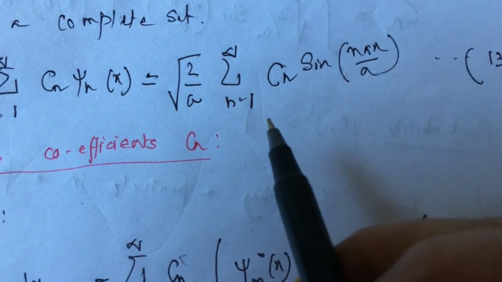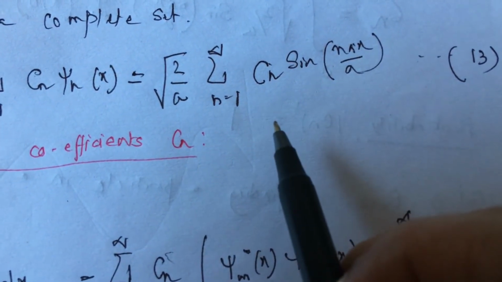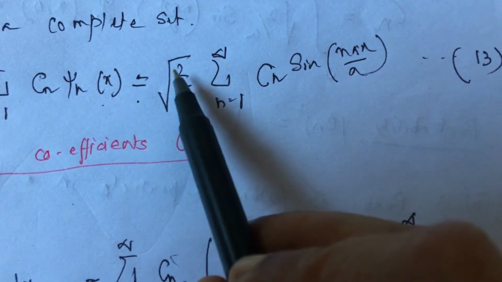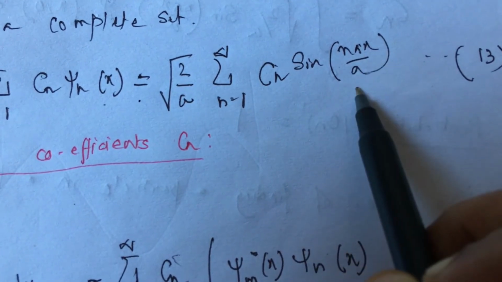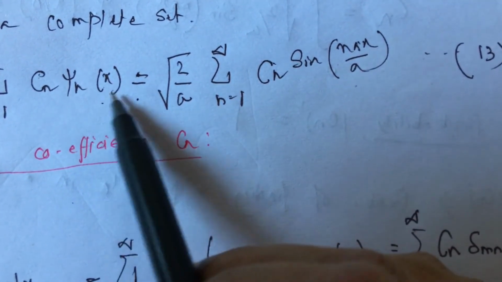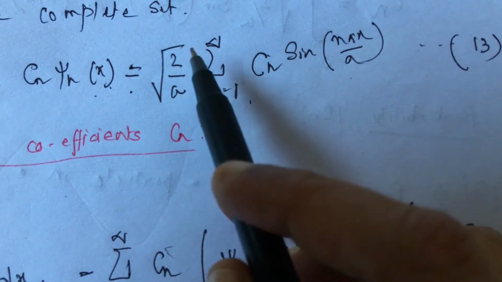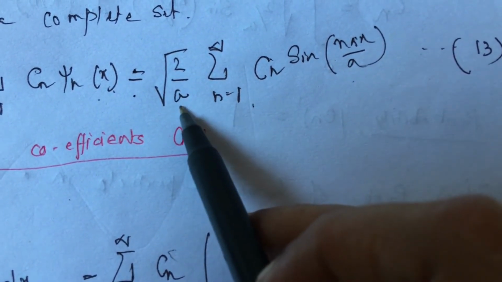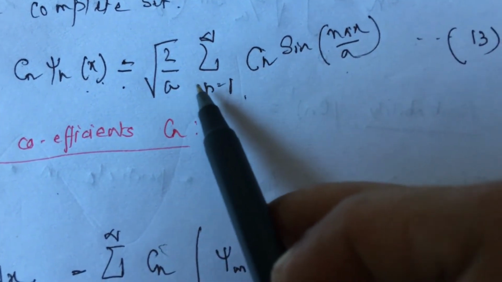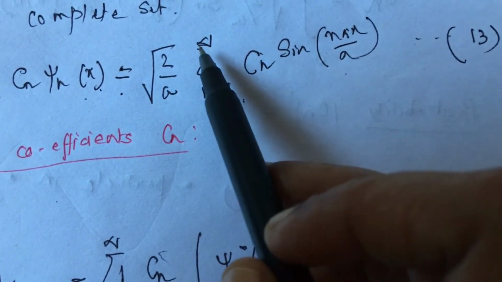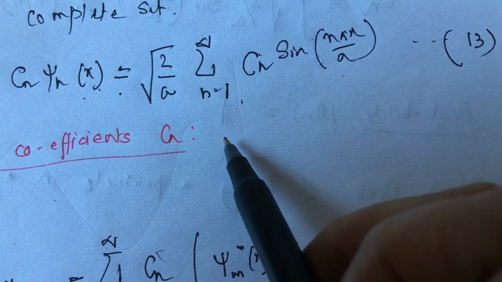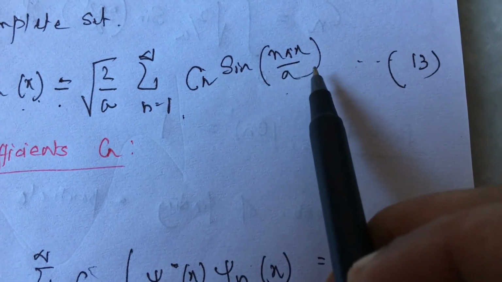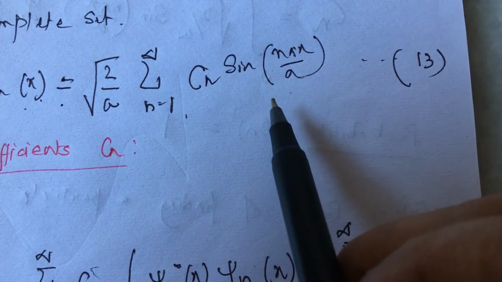These wave functions are sufficient, along with these constant values, these coefficients, to give me another function f(x), and we have already found the expression for psi n, which is root over 2 by a sine n pi x by a. If we put the value of psi n(x) here, I will get root over 2 by a. This is a constant, independent of n, so I can put it outside the summation sign, and inside the summation sign the quantities that depend on n are written.